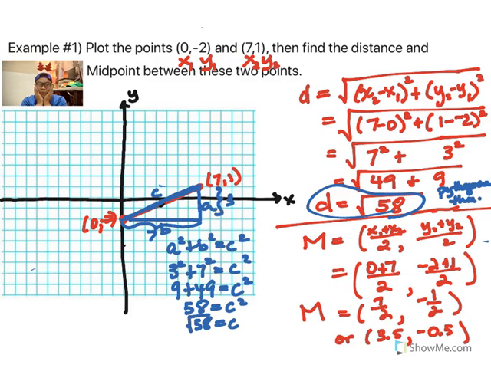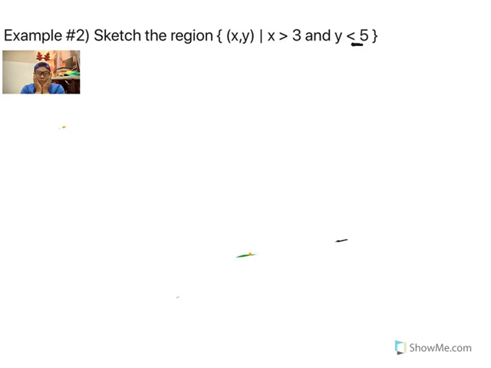Okay, next question. Sketch the region. Now, I don't know why they made this the first question ever on Math 115 with really difficult technical writing, but sketch the region in the XY axis that is described by this.